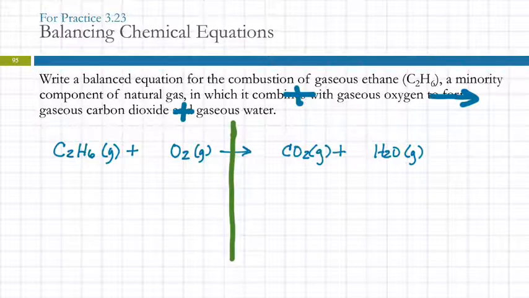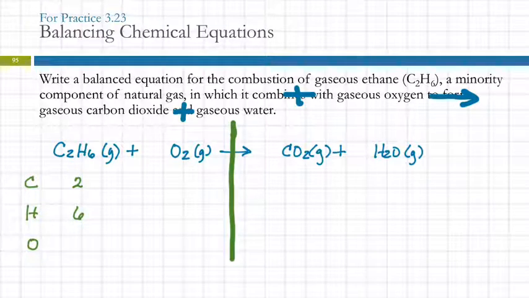Then I'm going to make a list of the different elements, and I just go in order as you encounter them. There's a carbon, there's hydrogen, and there's oxygen. Those are the three elements in this equation. Now I'm going to mark how many carbon atoms are in this compound. So there's 2. And then how many hydrogens? Well, there's 6 hydrogens.